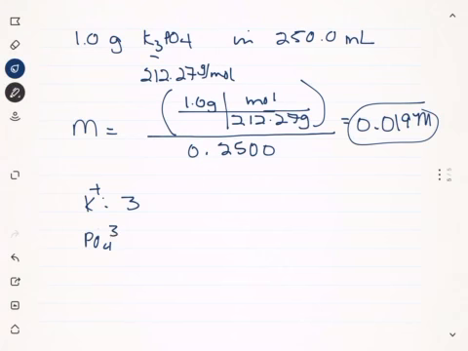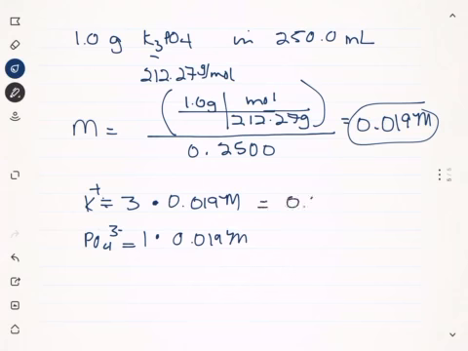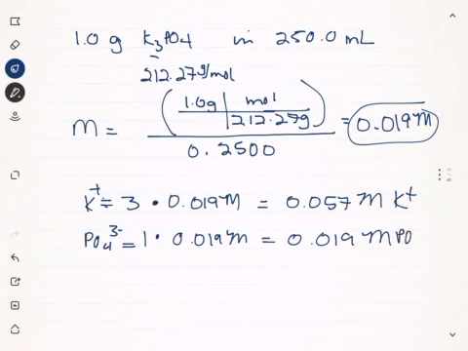So I'm going to multiply the quantity of each ion within one formula unit times the molarity, and I get 0.057 molarity for my K+ and 0.019 molarity for my PO4 3-.